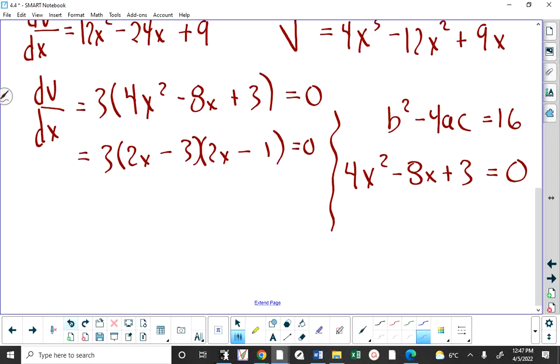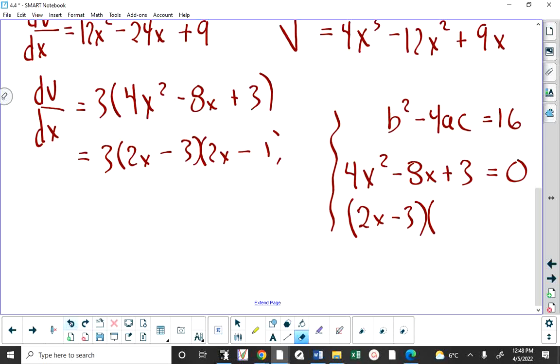Okay. If it didn't work, then I would try 4x and x. And by the way, when I say it happens to work, that's because if I FOIL it out, I get that middle term of negative 8x. So I guess I should be factoring it over here. 2x minus 3. See, I put that equals 0, and I got trapped in equals 0 with the derivative, and it's not.